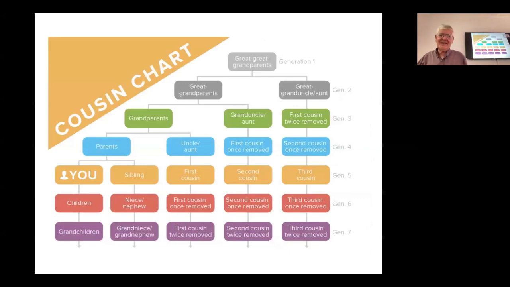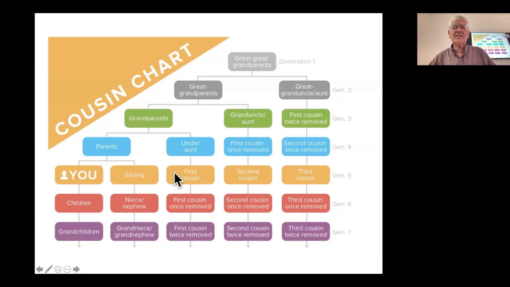All right. So I found this neat chart here. So this is the cousin chart. It's essential to kind of interpreting these relationships. So here are you, okay, and then you have your siblings and children and grandchildren. But in terms of genealogy analysis, what's often important is your relationship, your similarity to your grandparents and your great-grandparents.